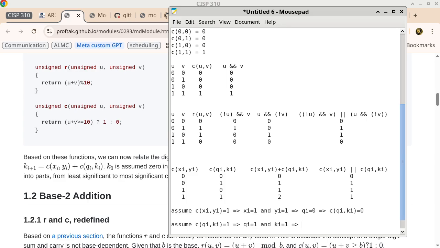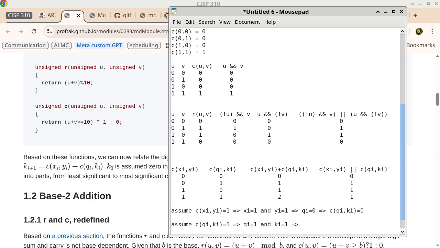That's just based on the definition of the C function. But if I know Qi is a 1, what do I know about Xi, Yi? Look up the function up there a little bit. How do we get the R function to return a 1? Because Qi is R of Xi, Yi.